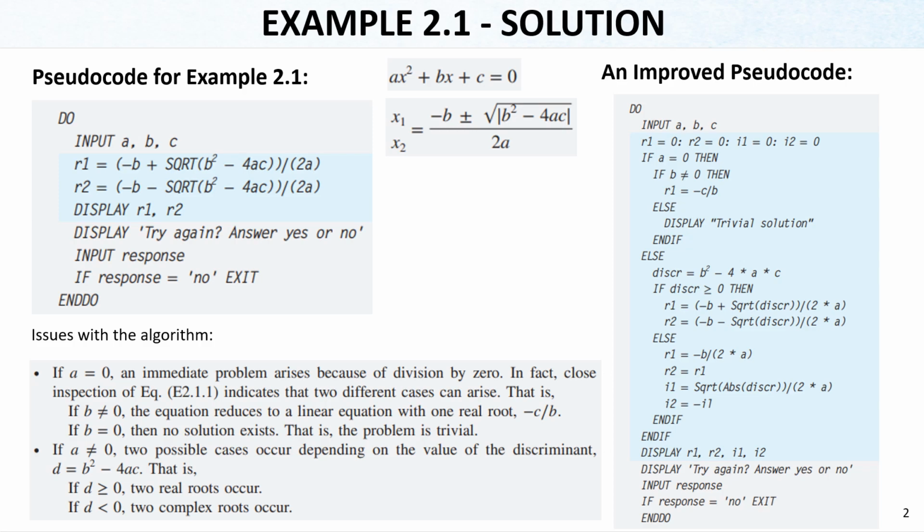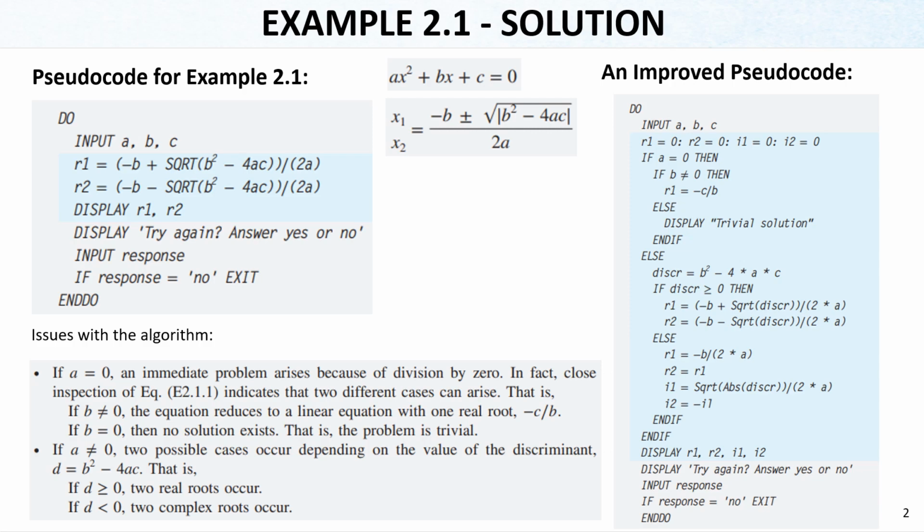If b is not 0, so a is 0 and b is not 0, then there is a linear equation with one real root, c divided by b. So we can just define this. And if b is also 0, everything is 0, no solution exists, that is, the problem is trivial. So we can improve this pseudocode, the blue part.